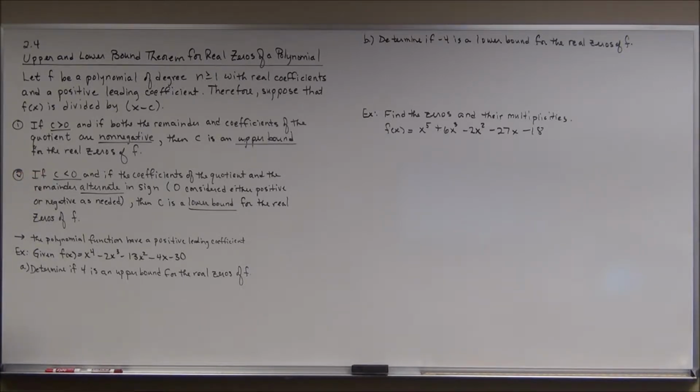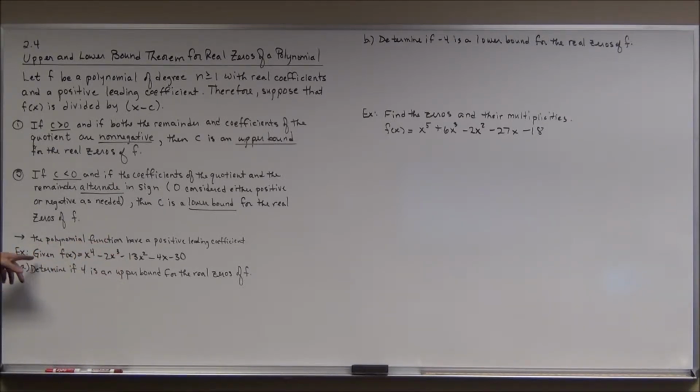Now, again, I'm emphasizing the polynomial function must have a positive leading coefficient, as I mentioned up here. I have one here in this first example, but if I didn't, I would multiply through by -1, and because it's going to have the same zeros, whether it's a constant multiple of it or not, it'll have the same zeros.